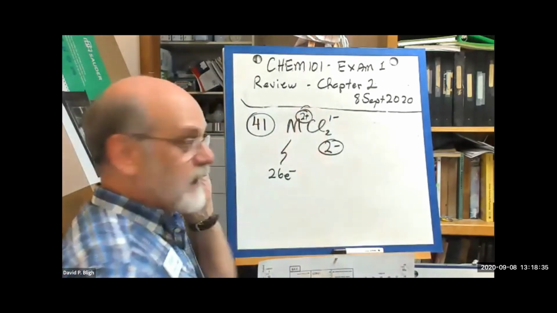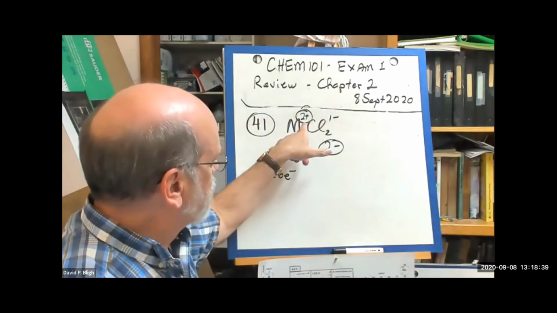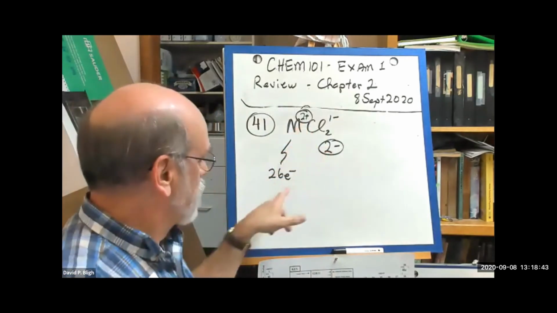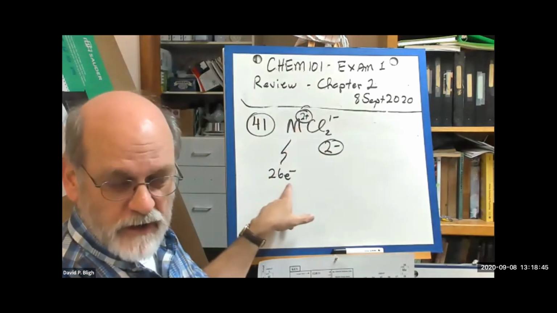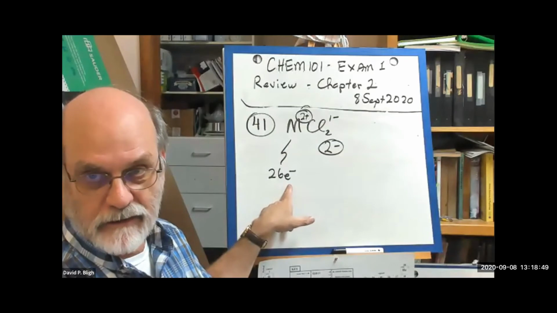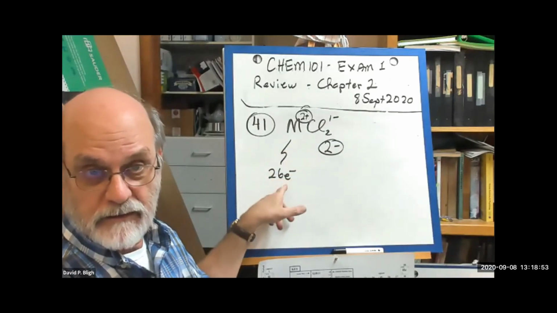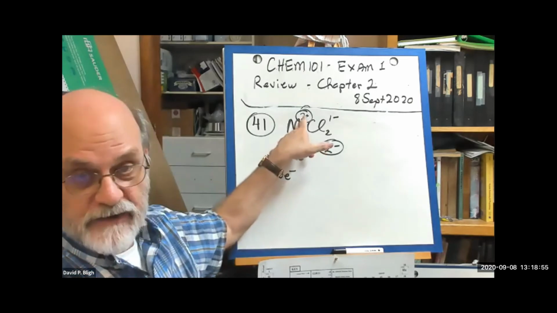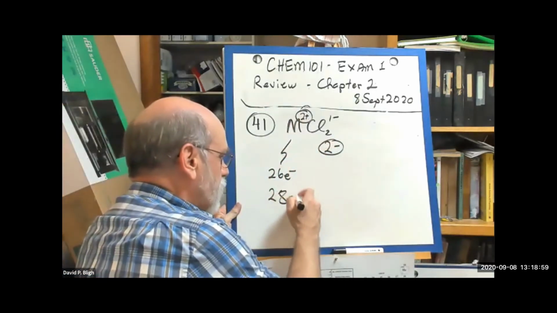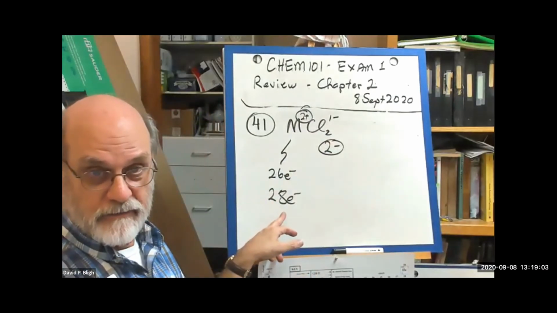Okay? Now we know that this metal is deficient by 2 electrons. So if we know it has 26 electrons, how many would it have if it were the neutral metal? Have 2 more, wouldn't it? Right? 2 more to neutralize those 2 pluses. So that means the neutral metal has 28 electrons.